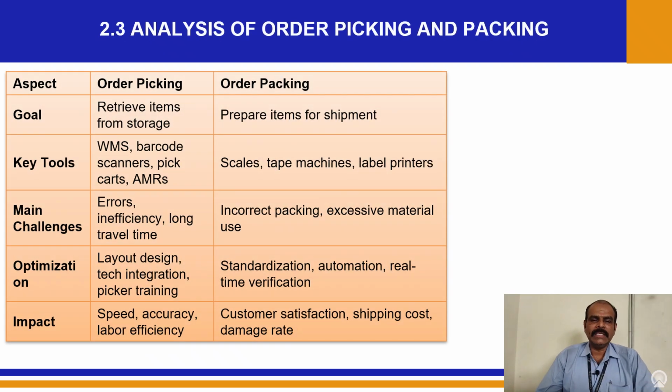Now we'll see the goals for either process, order picking and packing. The first goal is to retrieve the items from storage and prepare items for shipment. You pick everything, ensure retrieval, and immediately give it for shipment preparation. Key tools: we can use software like WMS, barcode, AIDC concepts, pick cards, or an AMS, an automated warehouse.